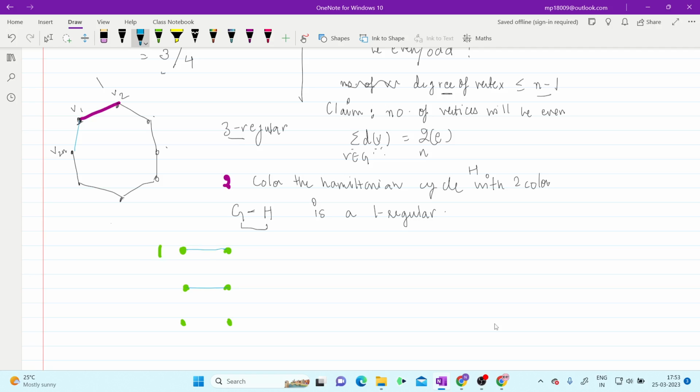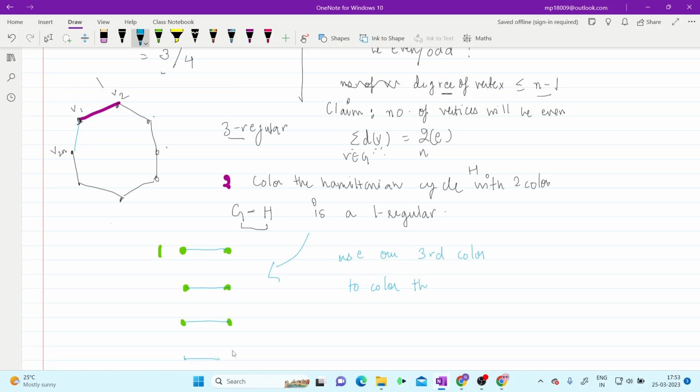So this is the only possibility, and the remaining graph will be of this type. So we can use our third color to color the rest of the edges, which is this.